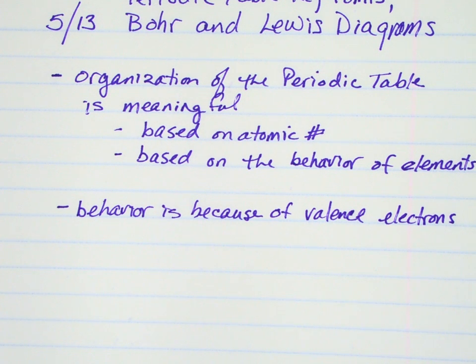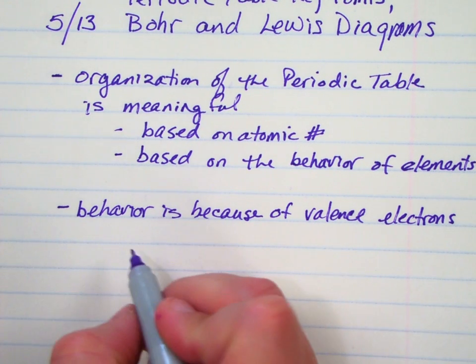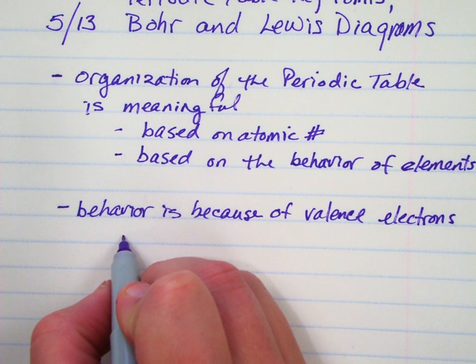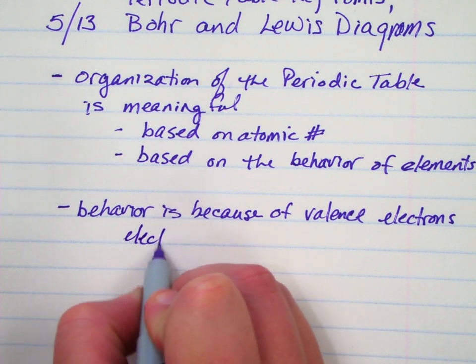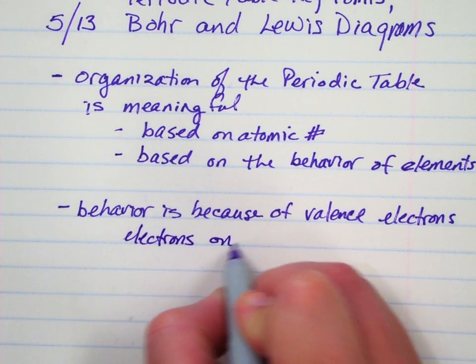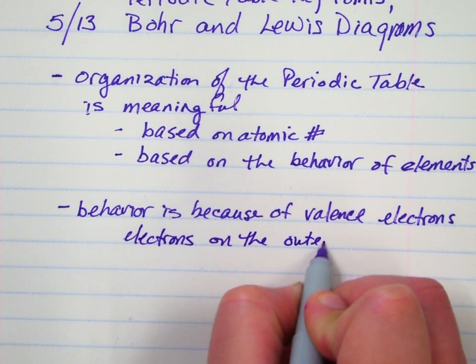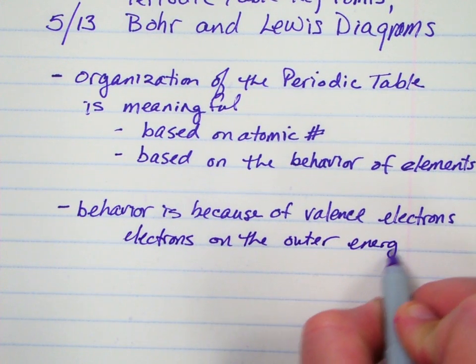Neon behaves the way it does because of its valence electrons. And valence electrons are the outermost electrons. So the valence electrons are the electrons on the outer energy level.